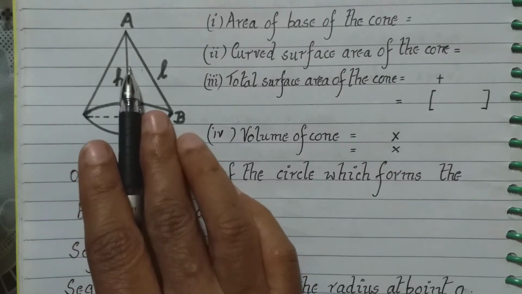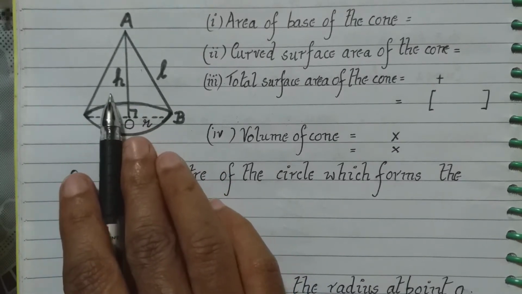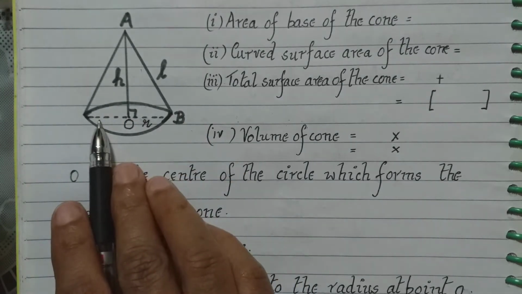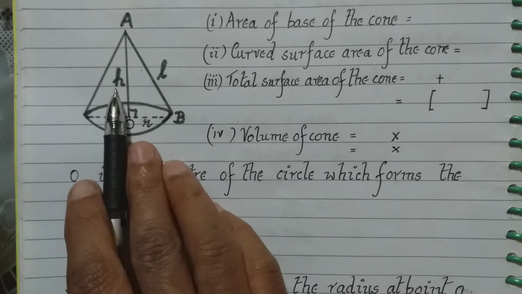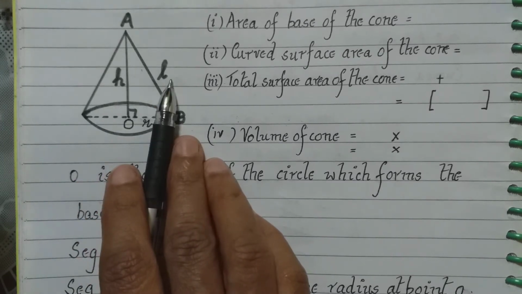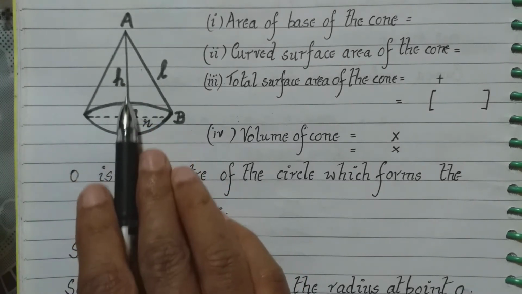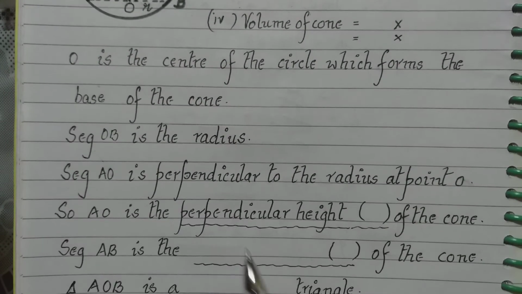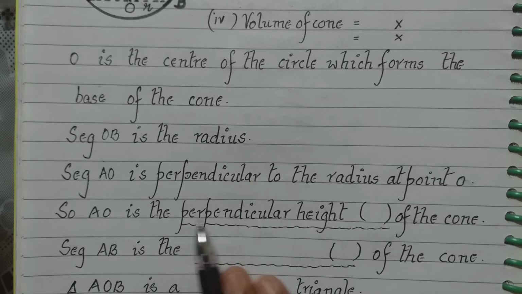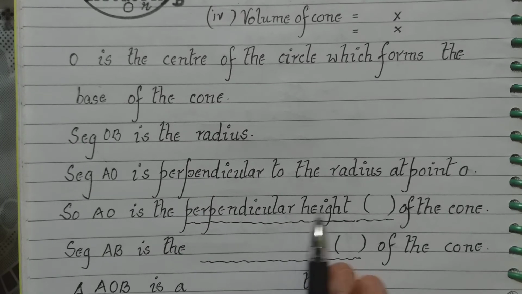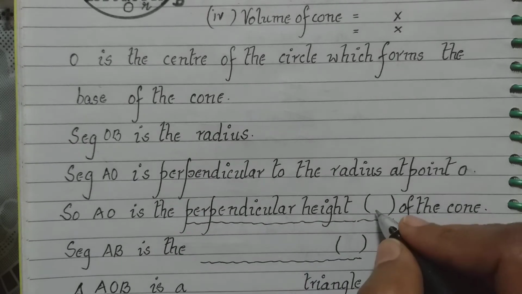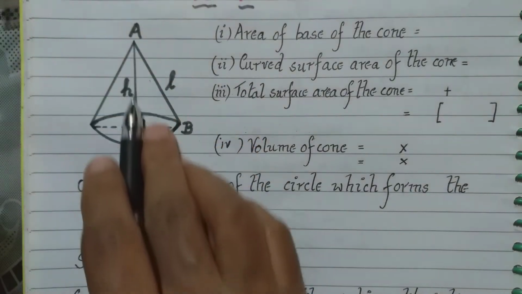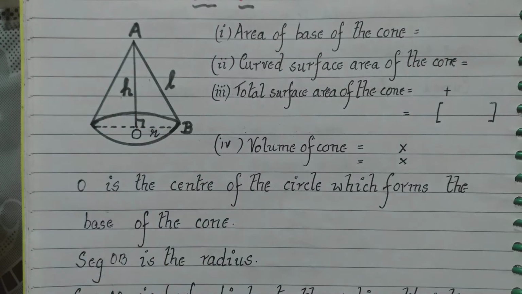Now why is it essential for us to mention this word perpendicular height? Because in a cone we have two types of height. One is perpendicular height and the other is slant height. So here this AO is the perpendicular height, and this perpendicular height is represented by the letter H. You will see in the figure there, AO is represented by the letter H.